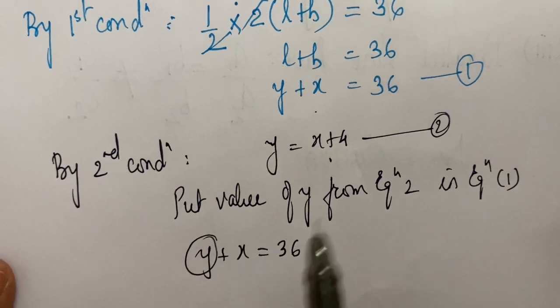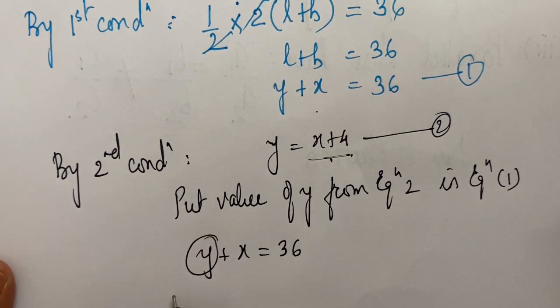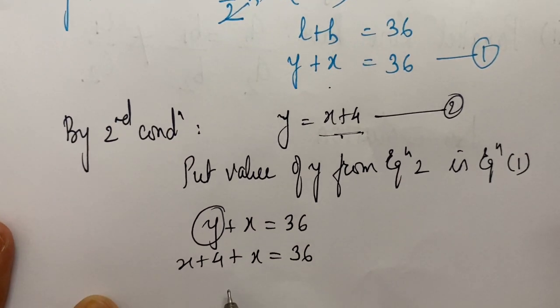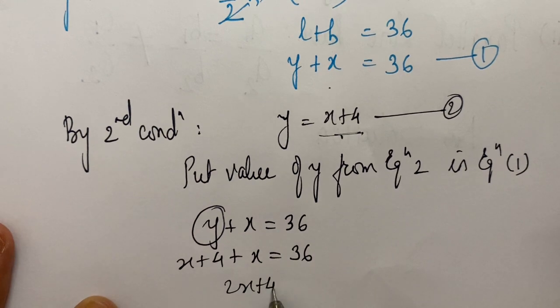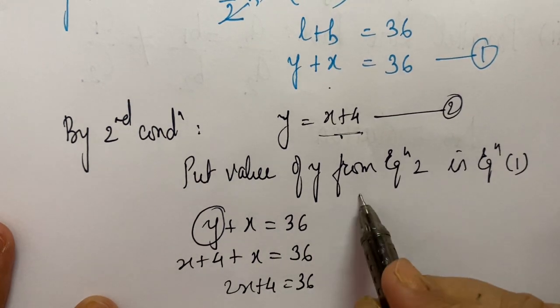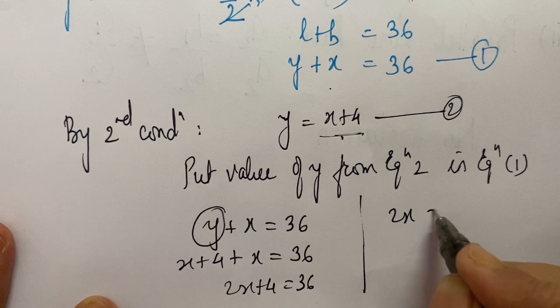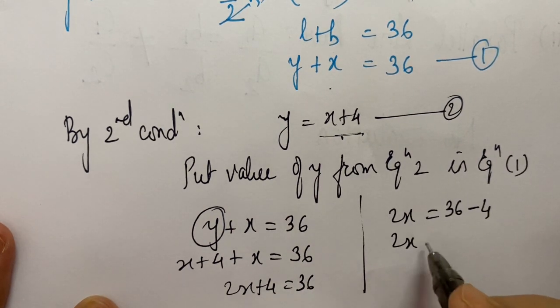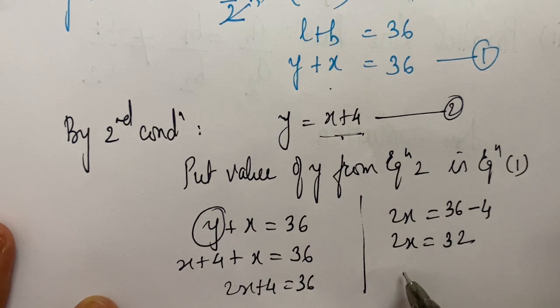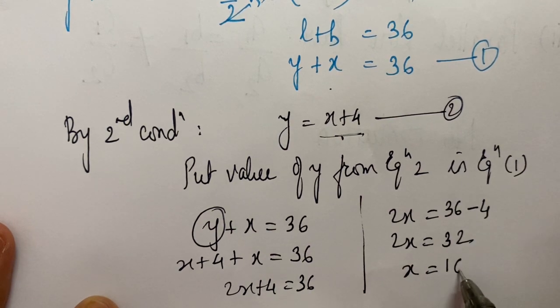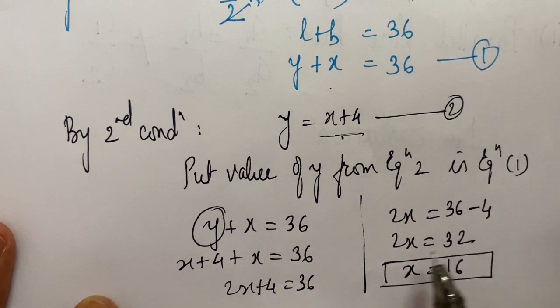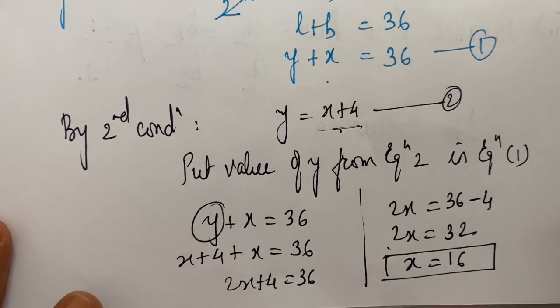In place of this y, we will put x plus 4. So x plus 4 plus x is equal to 36. So 2x plus 4 is equal to 36. So 2x will be 36 minus 4. 2x will be equal to 32. So x will be equal to 16. You divide this 32 by 2, so that will give you 16.